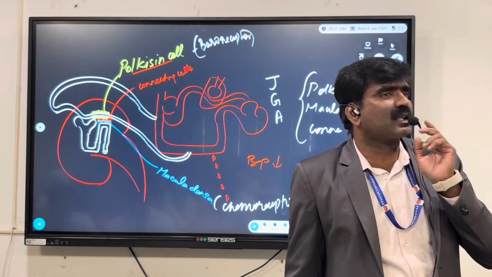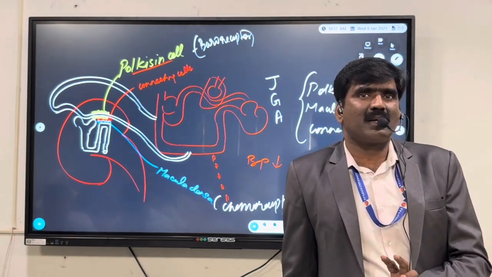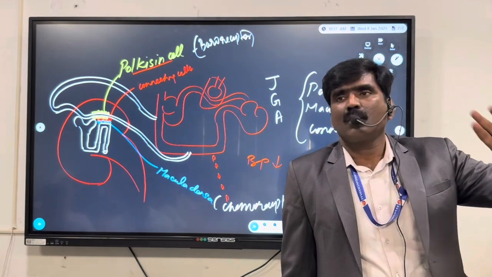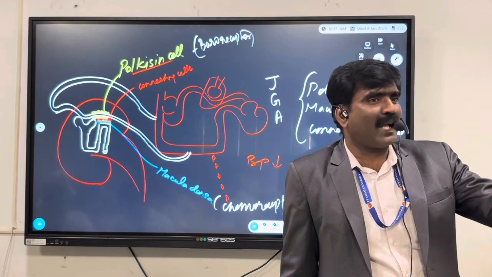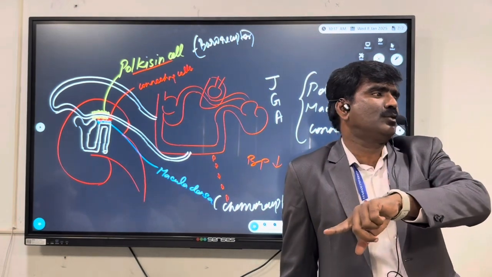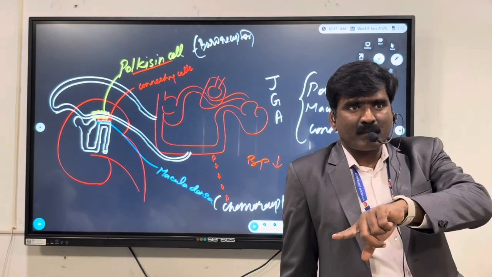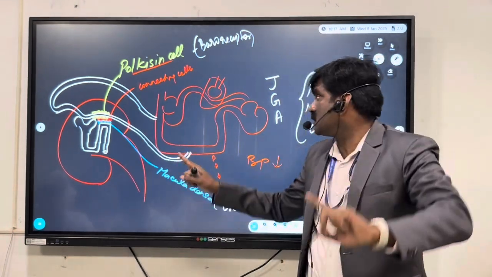So what is the juxtaglomerular apparatus? The juxtaglomerular apparatus is a combination of three types of cells. One is the modified cells of the arteriole, and second is, what is this?